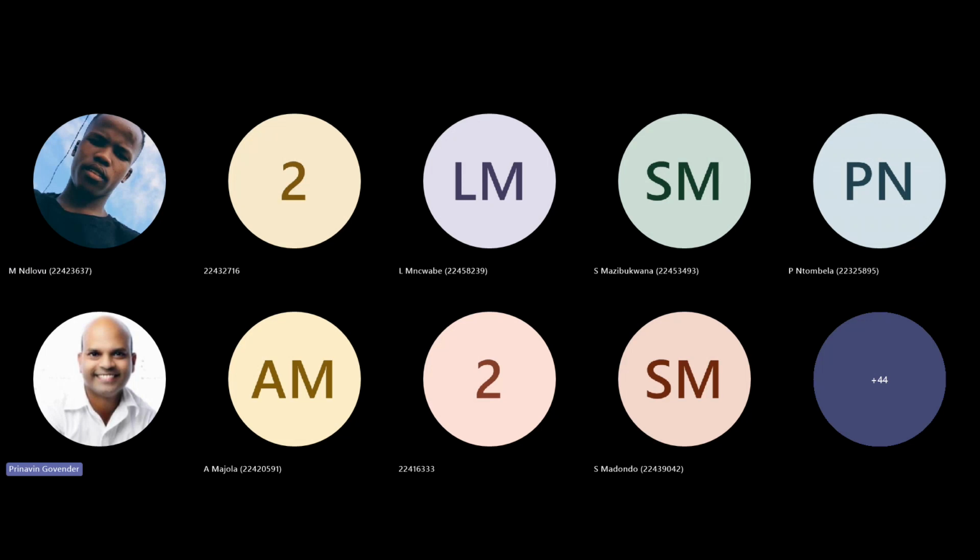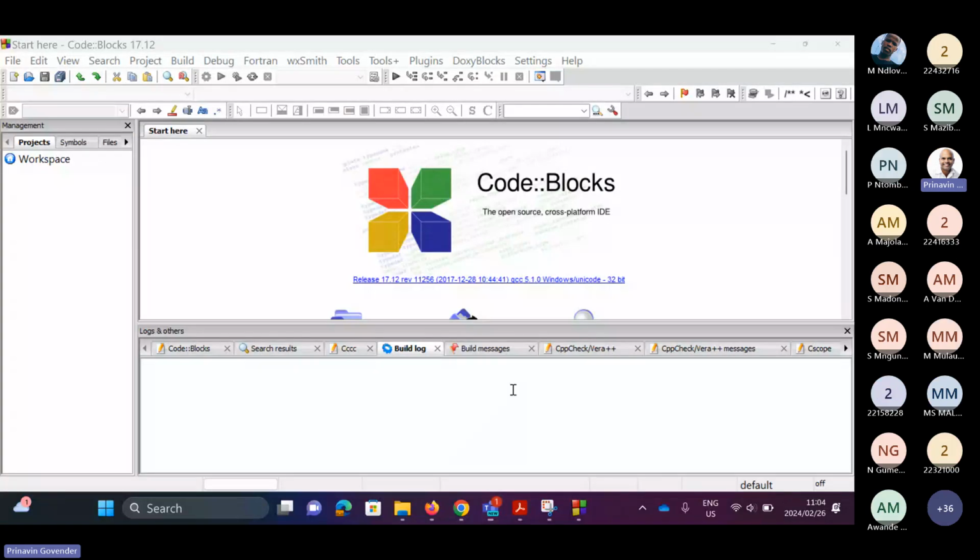I know it sounds silly, but the reason is the older version seems to work for me. Now I'm going to share my screen. Can you see on my screen on the top it says 17.12? Right, I want you to have that version, okay?